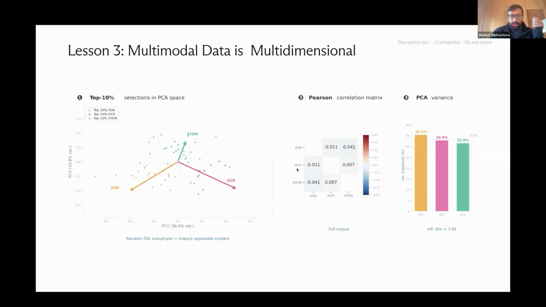And our realization was that if you spend some time to do this, your data samples end up being very multidimensional, with spikes in certain capabilities compared to others. It's important that you understand this multidimensional aspect of your data, or these capability breakdowns of your data set, in order to effectively curate the right data to train your models and the right recipes to enhance your capabilities within your foundation model.